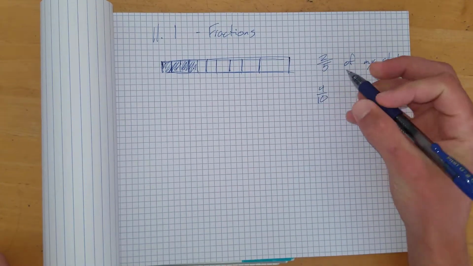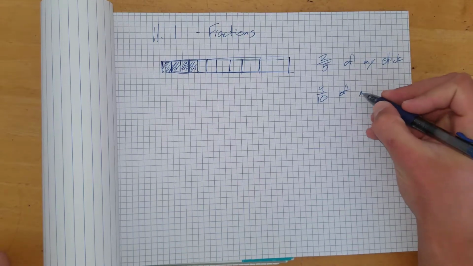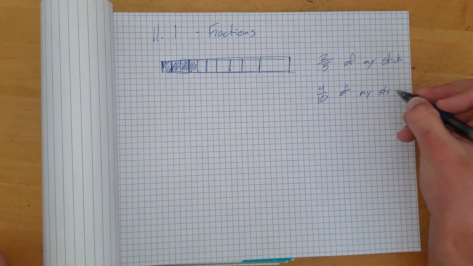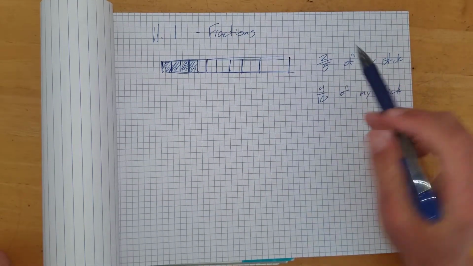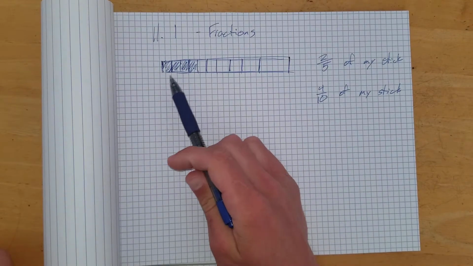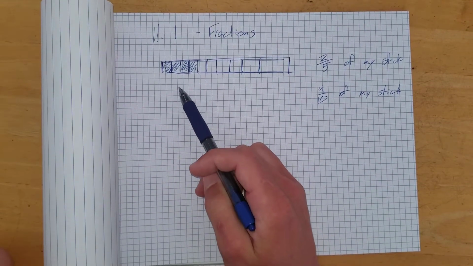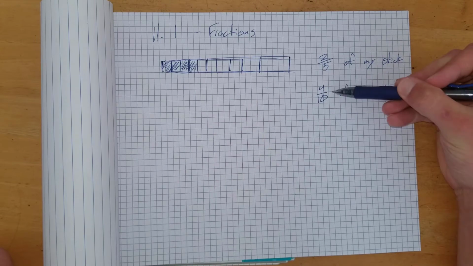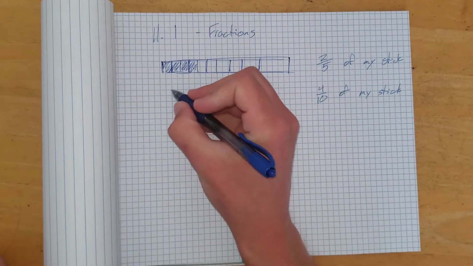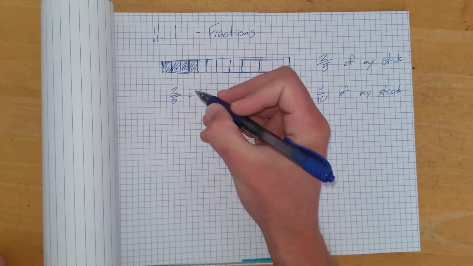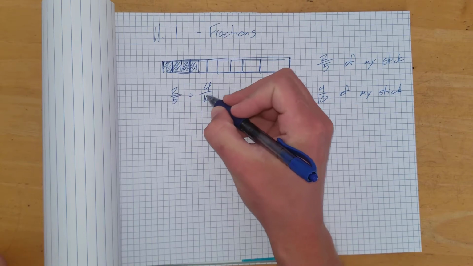So now I have 4/10 of my stick. As you can see, I didn't change how much of the stick I have from here to here. So that means that 2/5 is equal to 4/10.